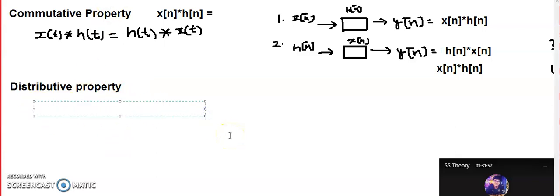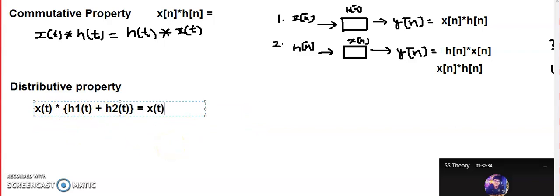Distributive property means that, suppose x(t) is convolving with h1(t) plus h2(t), the sum of two terms, like this. Then distributive property says that this convolution will distribute among the operations like this.